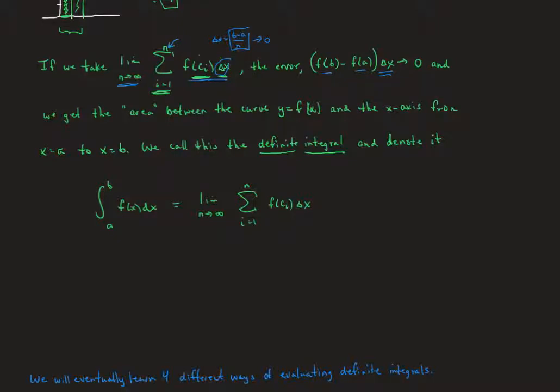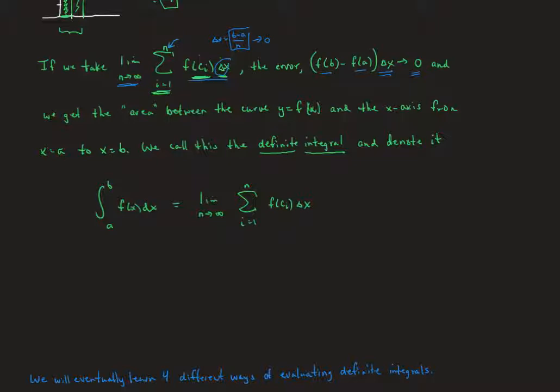So if that delta x is going to 0 because we're taking an infinite number of rectangles, then our error in computing the area between the curve and the x-axis goes to 0. It becomes exact. It's no longer an approximation, but the exact value.